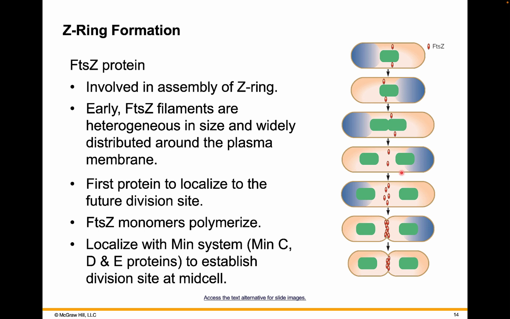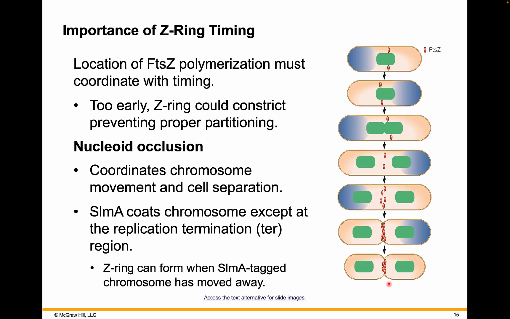As the cell elongates, this oscillation from pole to pole allows the FtsZ to come into the middle of the cell, and that will start the septation process. This is the overview of the entire process.